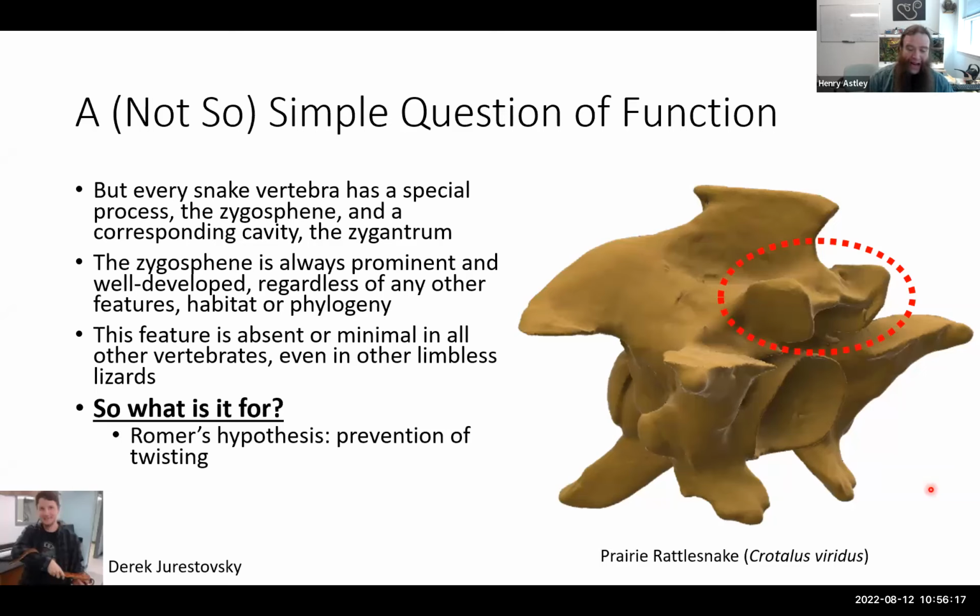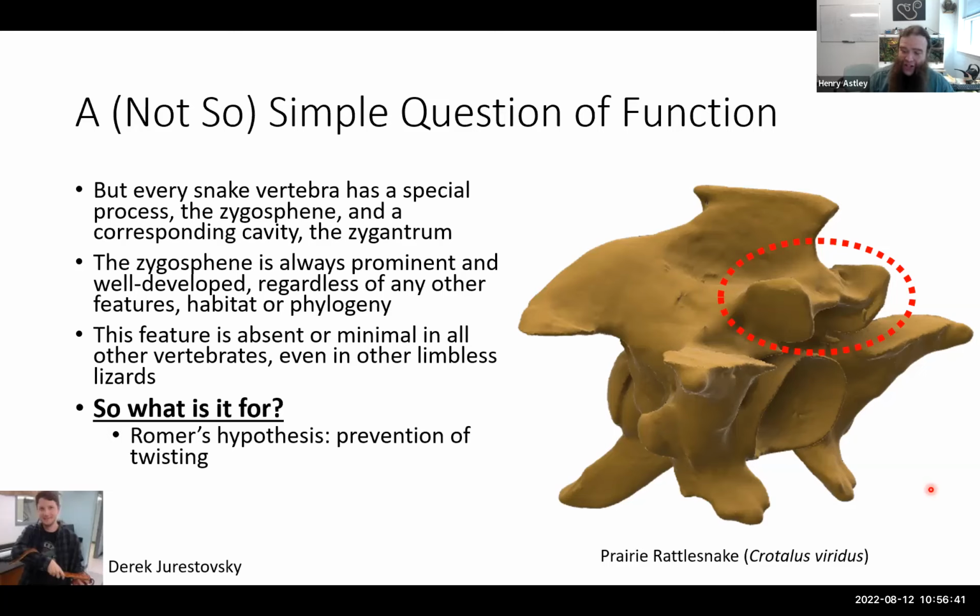Every single one of them has a significant prominent zygosphene, and this feature is missing in all other vertebrates except for a few lineages that have something that is minimal and barely even counts, in my opinion. It's very small, very subtle. These have a much more prominent sort of role.